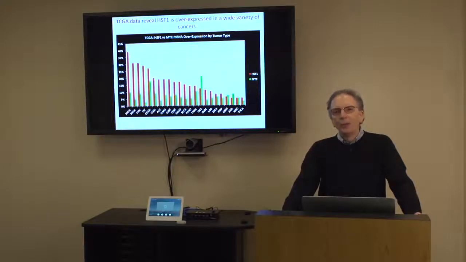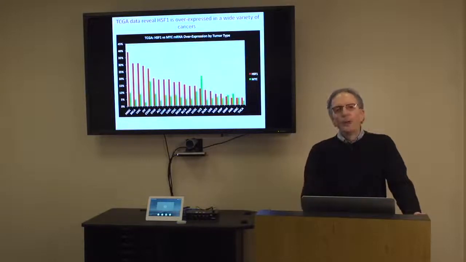So it's becoming very apparent that cancer cells depend on HSF1 for growth, viability, and survival, and that a targeted agent that results in increasing the activity of HSF1 is not going to promote an anti-cancer response.